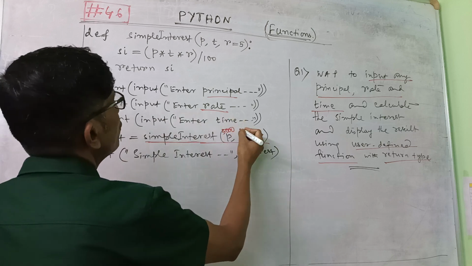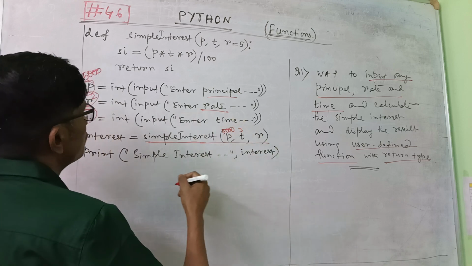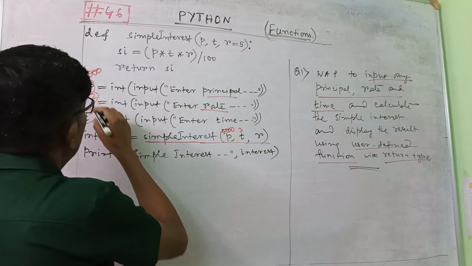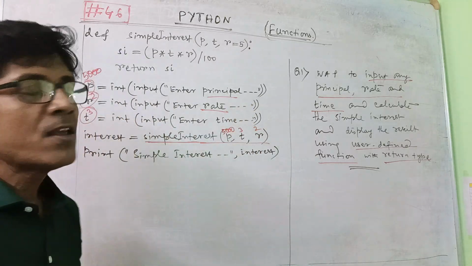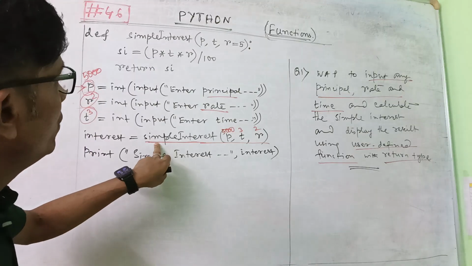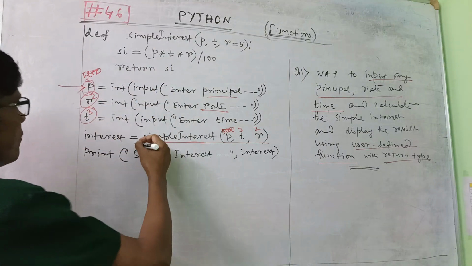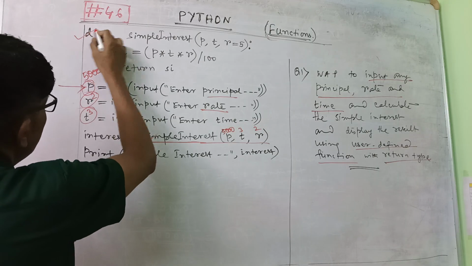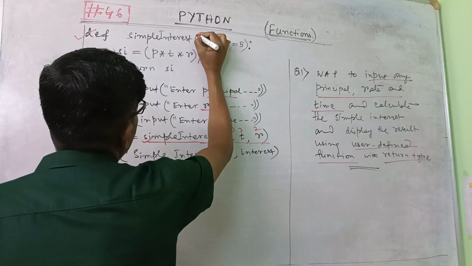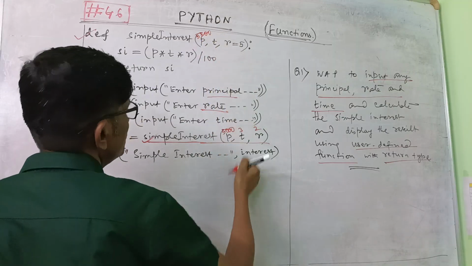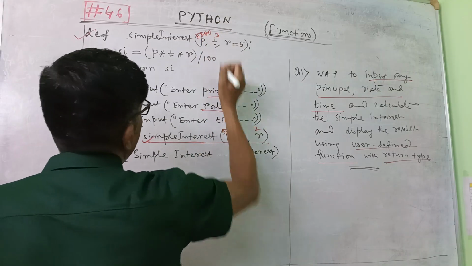Time, it is 3 years suppose, and rate is 2%. These 3 values whenever we will transfer here, that means this is the function call. So here definition, where we are defining the function, this 5,000 will be copied here, this time 3 and rate 2.